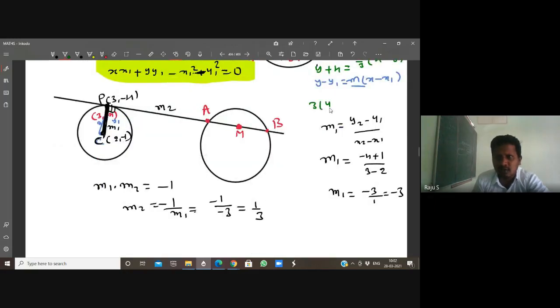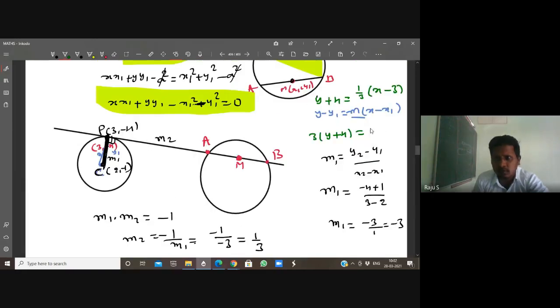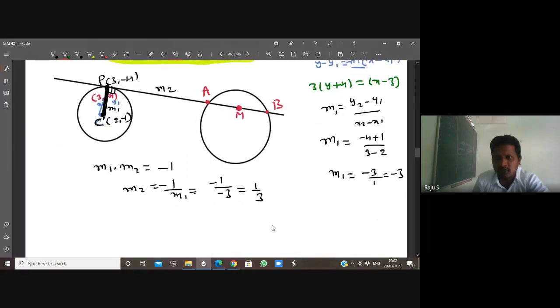So 3 times y plus 4 is equal to x minus 3. So finally, x minus 3y, minus 3 minus 4 is minus 12, if you take the right side, is equal to 0. You're getting it like that. Is it right?